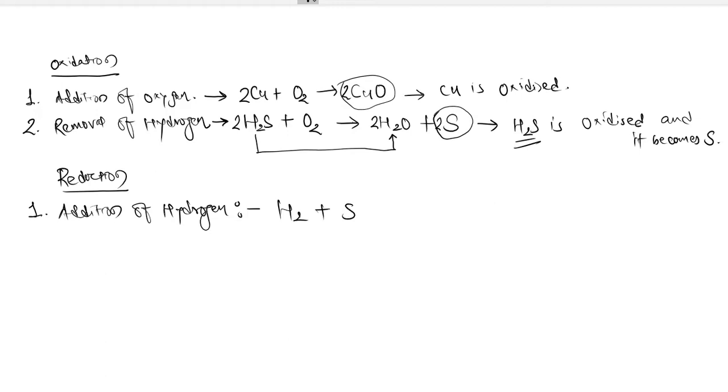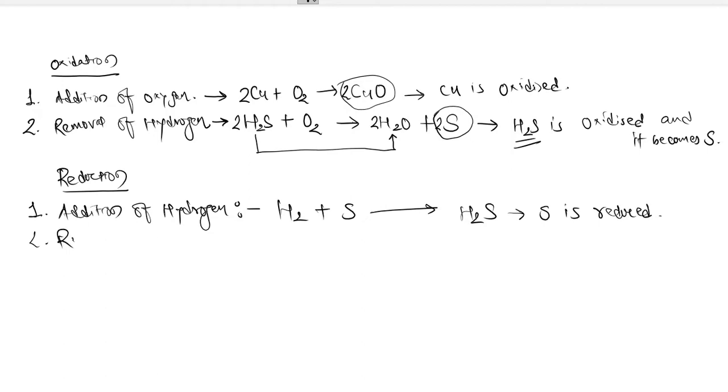H2 plus S gives H2S. This is a more suitable example. What is happening? Hydrogen is added to sulfur and it gives hydrogen sulfide. So we can say that sulfur is reduced. Why? Hydrogen is added to it, right? So this is an example of addition of hydrogen, which is reduction.